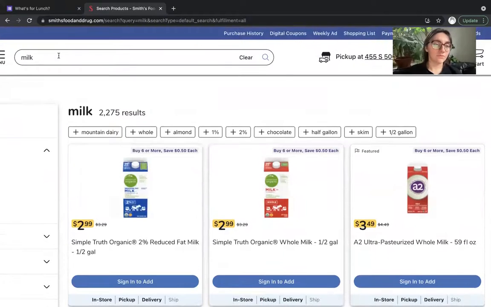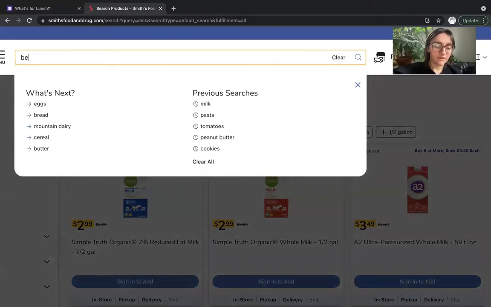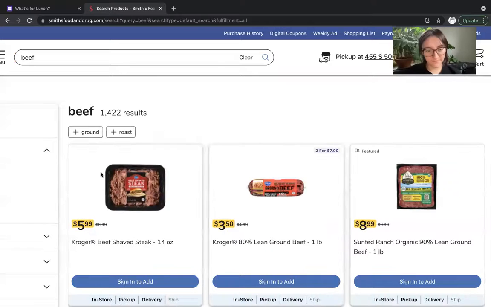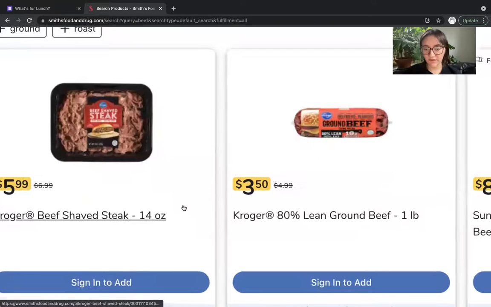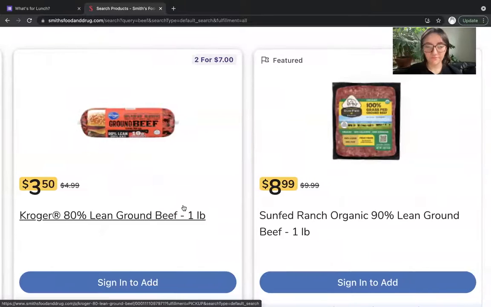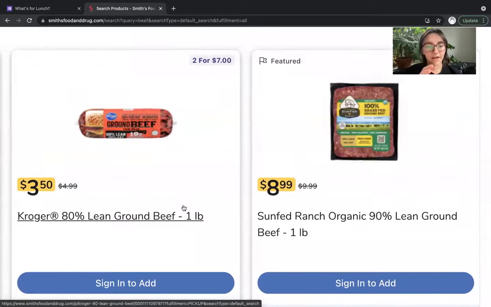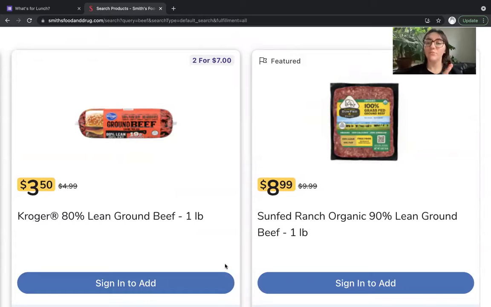Okay, let's do it again with beef. Let's see, oh, this is a good one. Now, these 2 beefs are the same weight for the amount that they're charging.